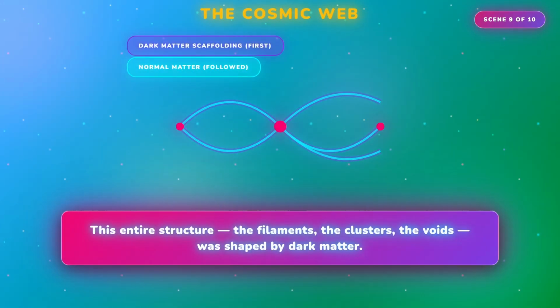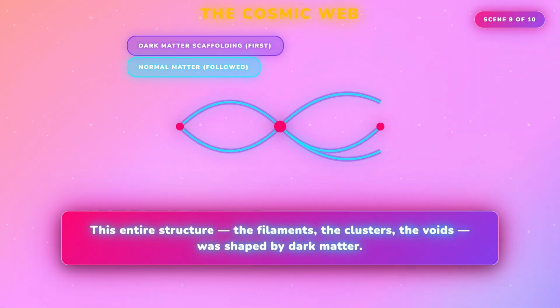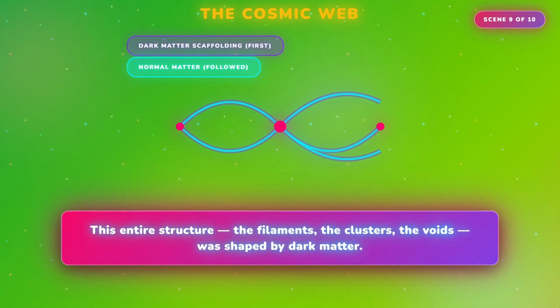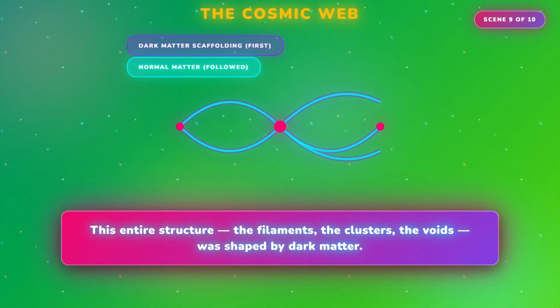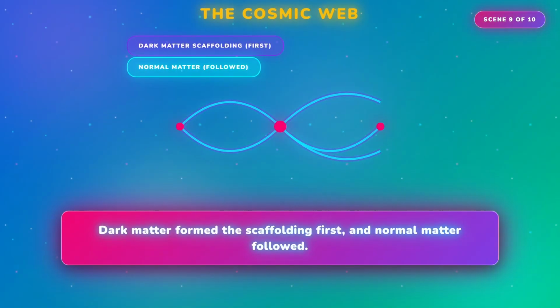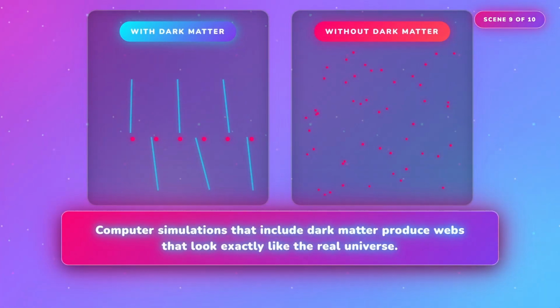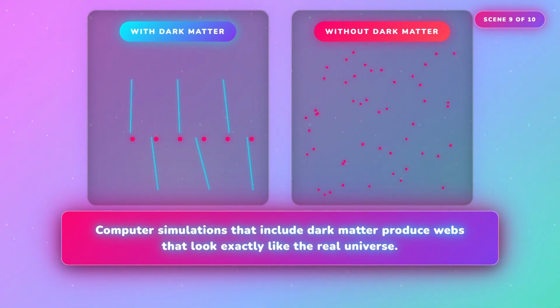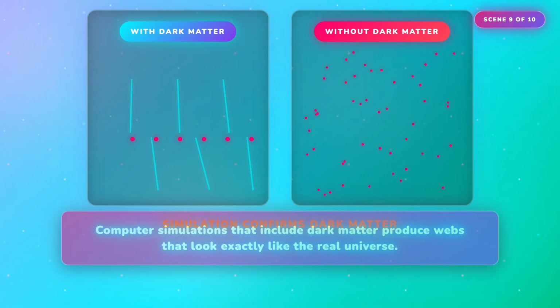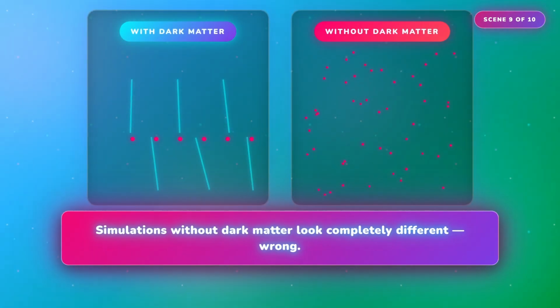This entire structure, the filaments, the clusters, the voids, was shaped by dark matter. Dark matter formed the scaffolding first, and normal matter followed. Computer simulations that include dark matter produce webs that look exactly like the real universe. Simulations without dark matter look completely different, wrong.